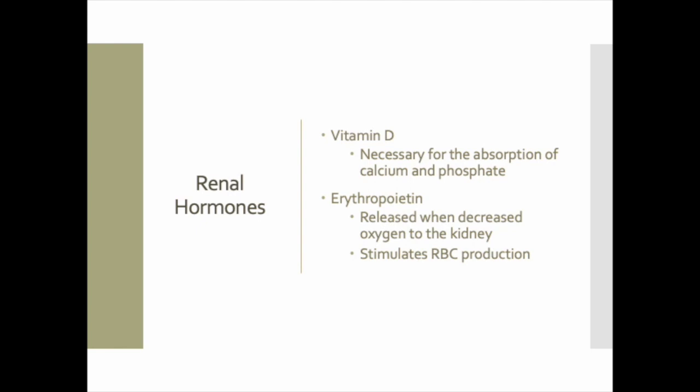But what stimulates EPO, or erythropoietin, to be released? It has to do with our oxygen delivery. The stimulus for EPO release is decreased oxygen delivery to the kidneys. So we have these oxygen sensing erythropoietin producing cells.